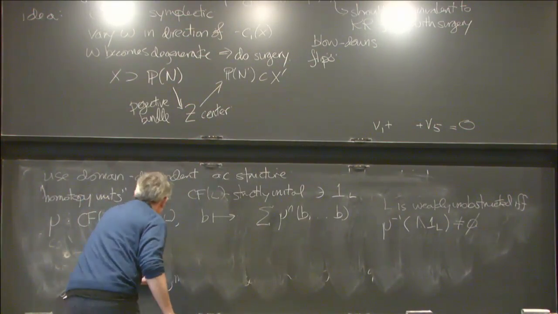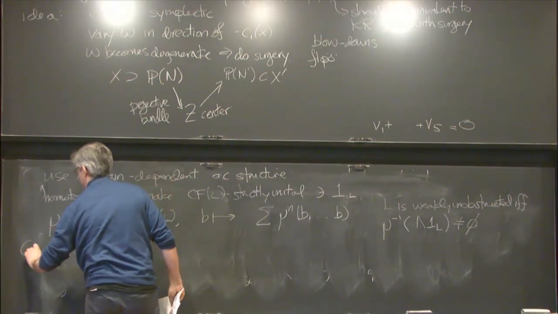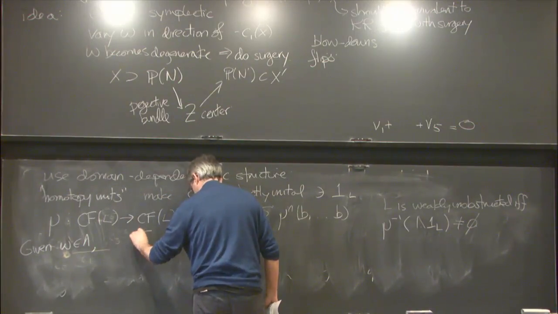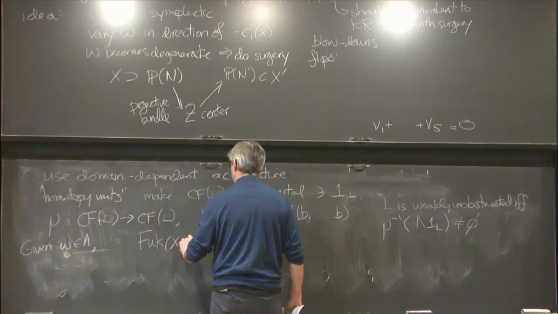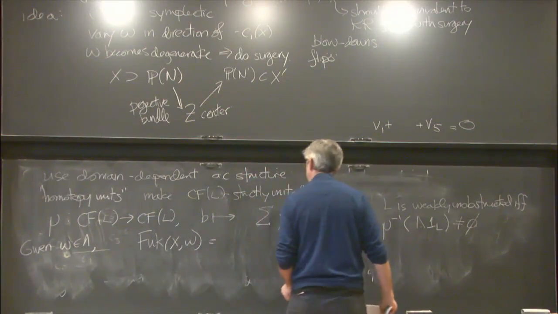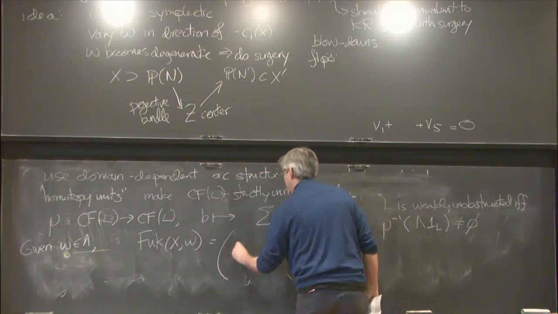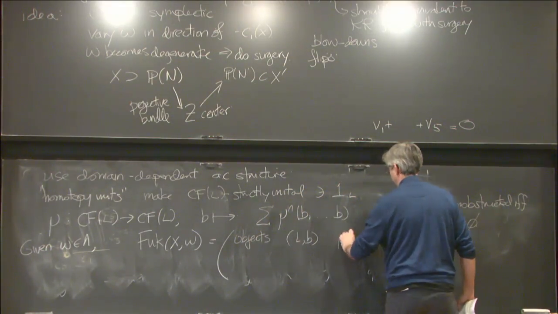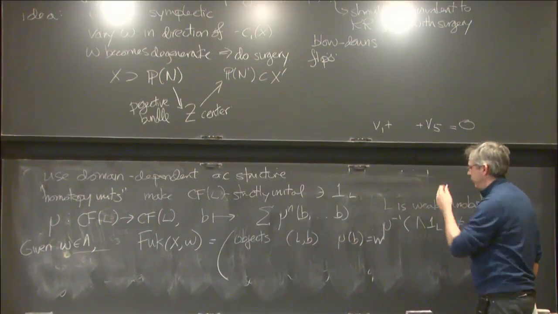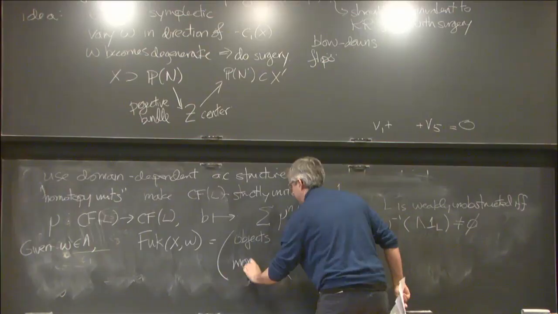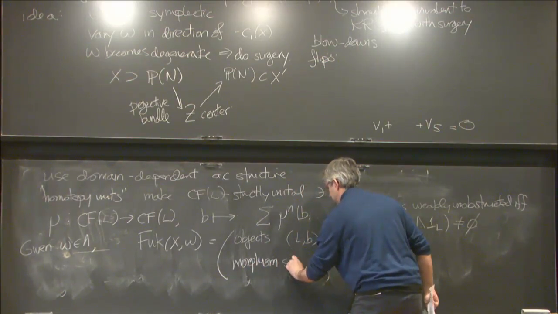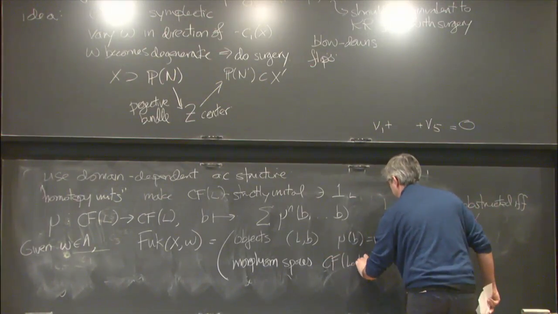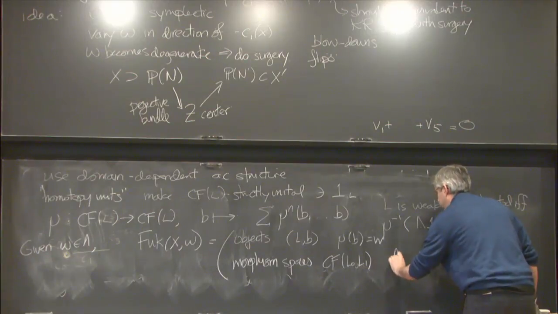So then once I fix some W, I have a Fukaya category whose objects are pairs (L, b) with μ(b) equals W, and the morphism spaces are CF(L0, L1), an A-infinity bimodule.